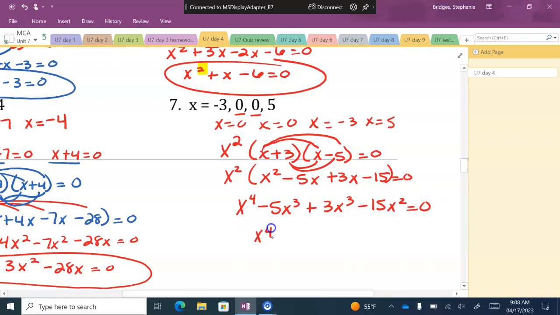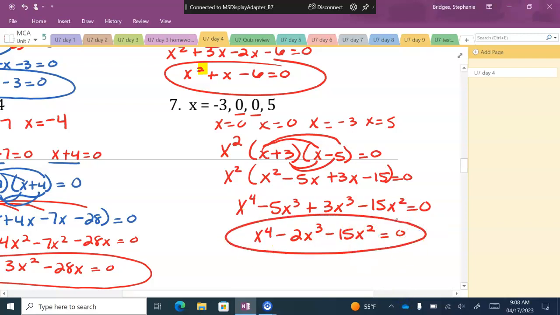So that's going to be x to the 4th minus 2x to the 3rd minus 15x squared. And again, either put y equals in front of it or just equal 0 behind it. Just make sure you have an equation or equal sign. That makes it an equation. Is everybody okay with those? Okay, now I'm going to make it slightly harder, but it's still not very hard. Everybody ready?